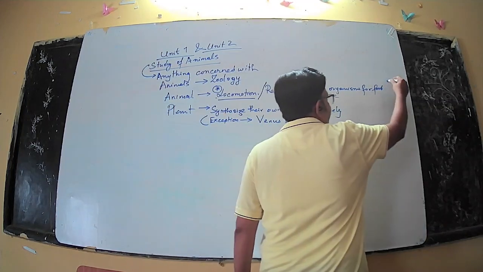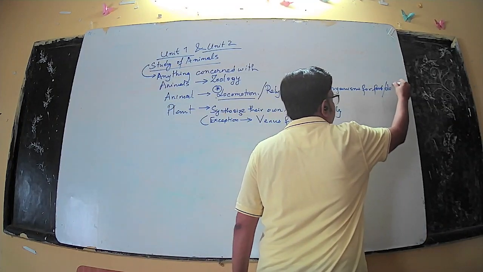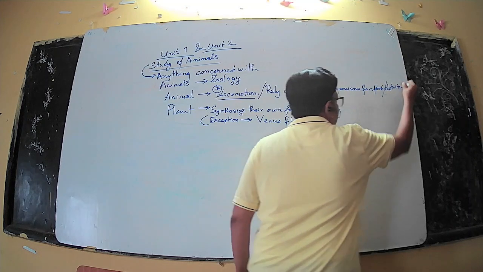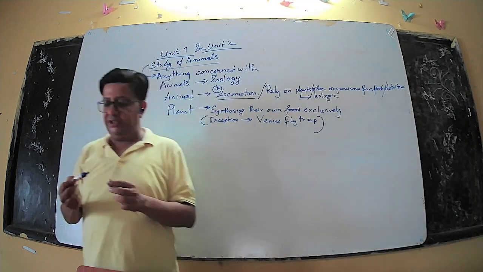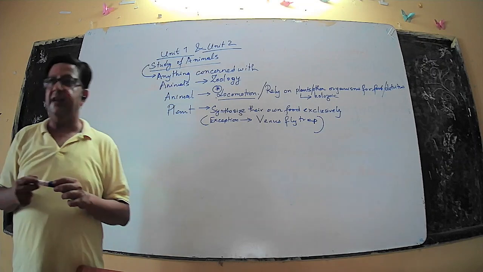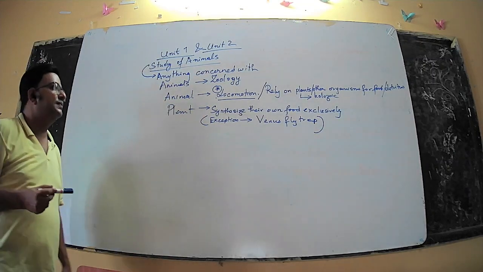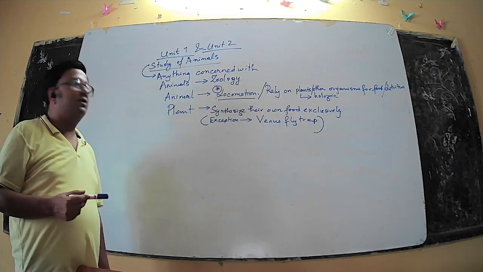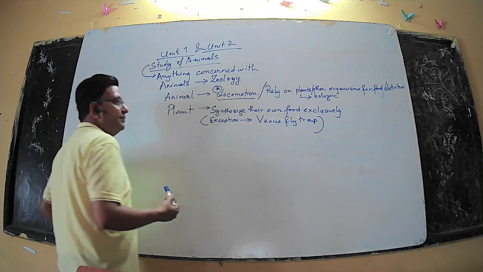Other organisms, it can be even detritus. Rotting material, they can also rely on it for food. They have got a holozoic type of nutrition.